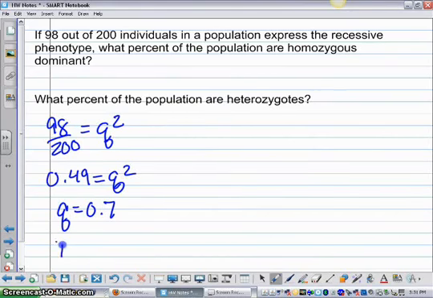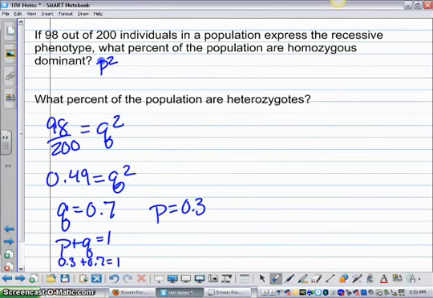If Q is 0.7, P plus Q equals 1, that means this is 0.3 plus 0.7 equals 1. So P has to be 0.3. So it's asking us homozygous dominant. Homozygous dominant individuals are P squared. So that's going to equal 0.3 squared, which equals 0.09, which is a whopping 9%.